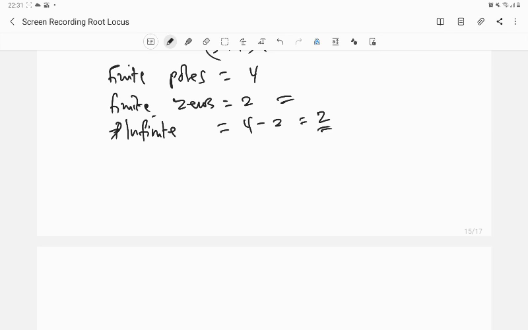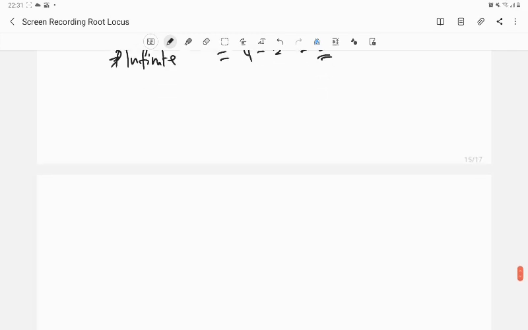And if the polynomial in the numerator is greater than the polynomial in the denominator, then you are going to have some poles starting from infinity. So that will be covered in the subsequent lectures.